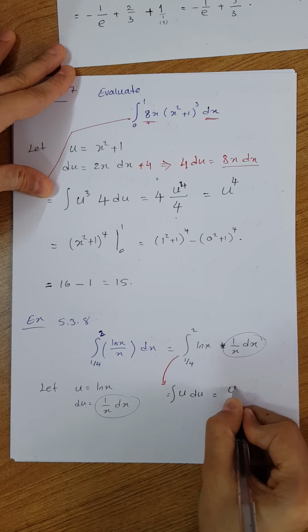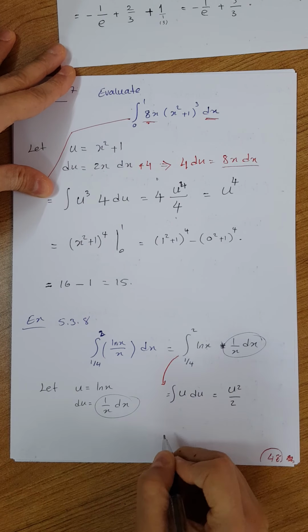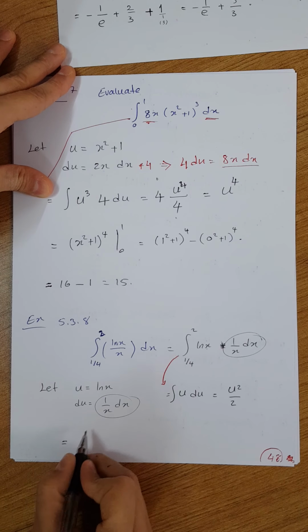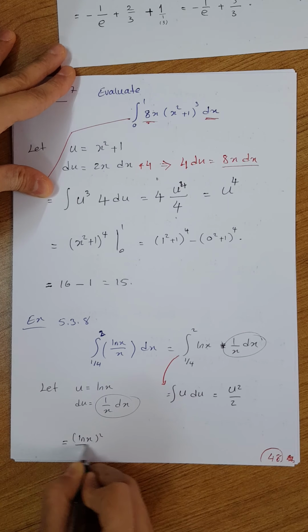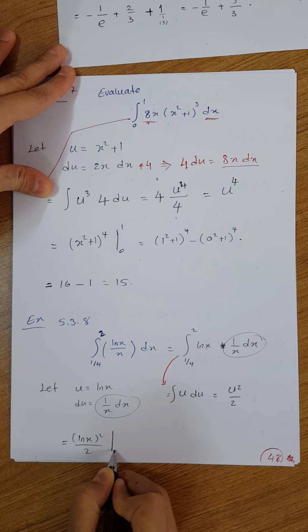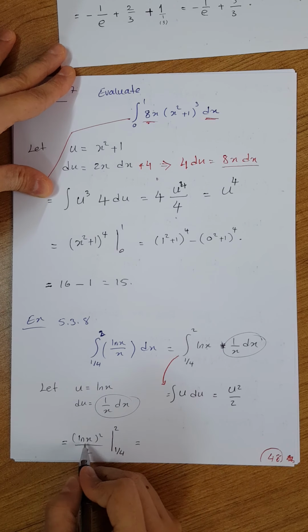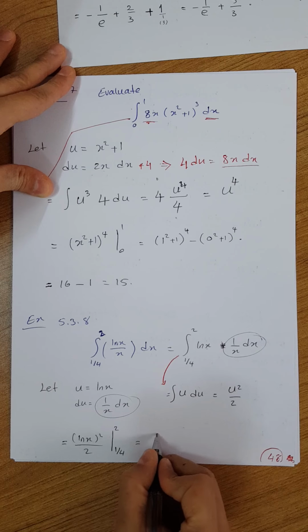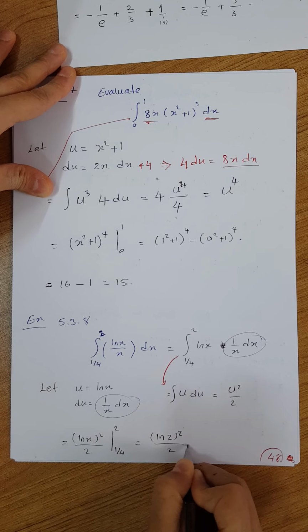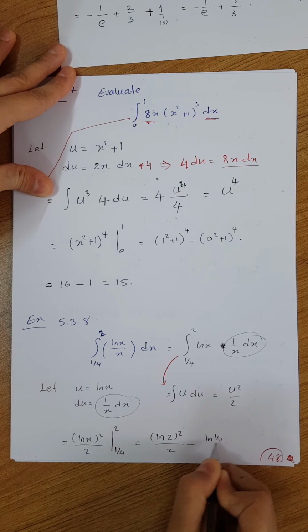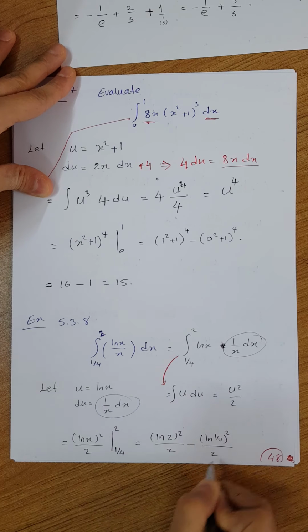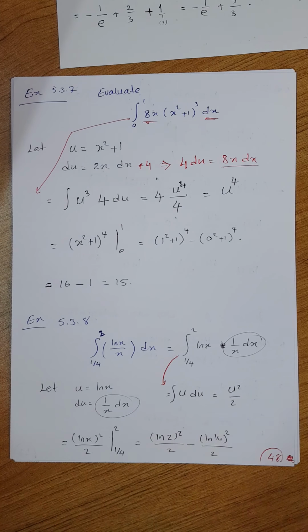So that one is equal to u squared over 2. Now we are changing the u back to x. Instead of u, I have got ln of x squared over 2. Now I'm putting the bounds. Why? Because I have got x here and the bounds are for the x. So that one will be ln of 2 all squared over 2 minus ln of 1 over 4 all squared over 2. This one needs a calculator, so you will leave it just like that.